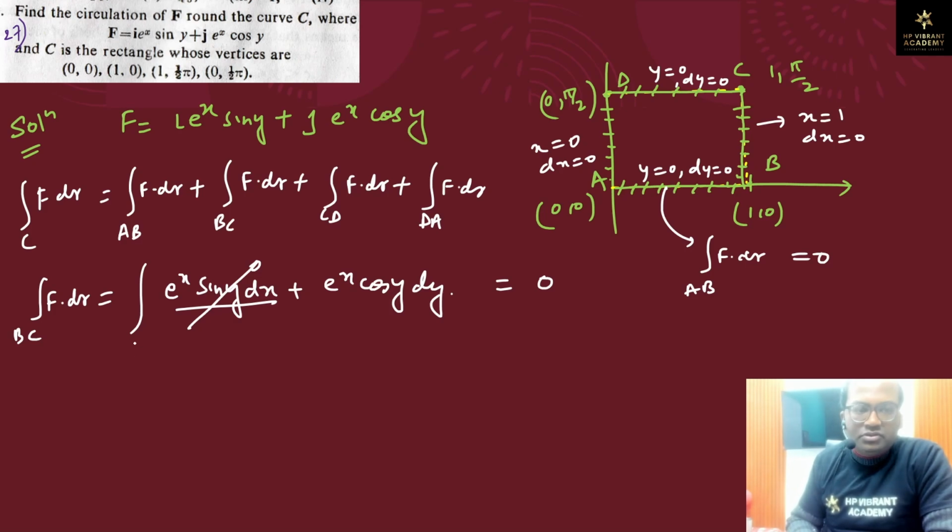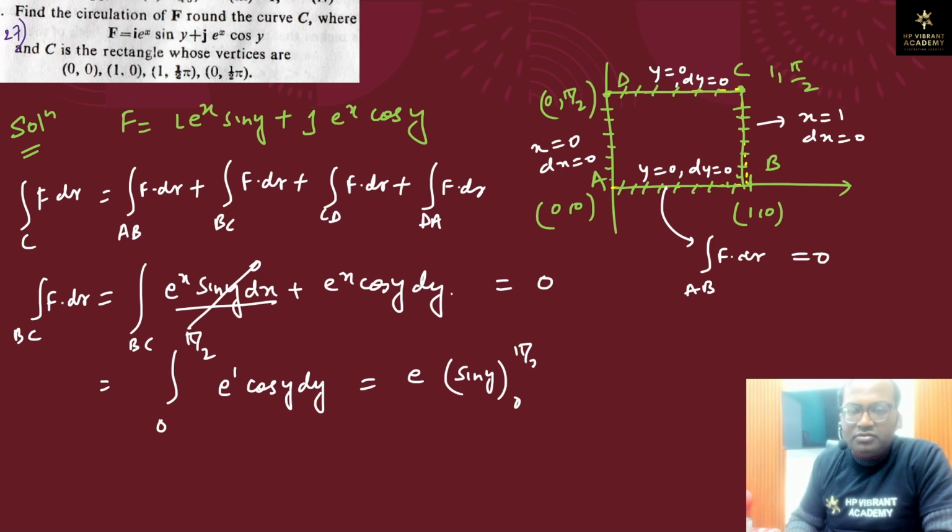So along BC the limit on y is 0 to pi by 2, and x is equal to 1. So e to the power 1 into cos y dy. So this is equal to e into the integral of cos y. The integral of cos y is sin y, and the limit is 0 to pi by 2. So this is equal to e times sin pi by 2, which is 1, minus sin 0, which is 0. This is equal to e.